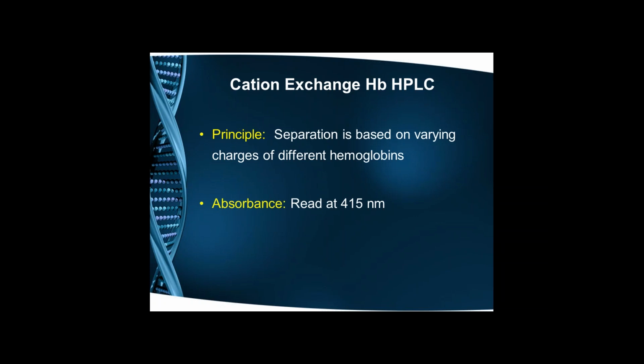It is based on the principle that various hemoglobins, with their various charges, are separated at various pH, and once they are eluted at various pH, they are read at 415 nanometers. So next slide, sir.